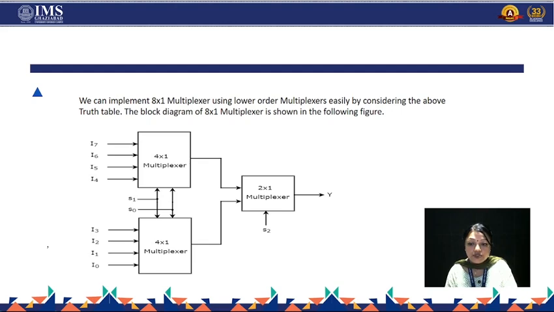The outputs of the 4 into 1 muxes go into the 2 into 1 mux as inputs. The selection lines for the 4 into 1 muxes are S0, S1, and the selection line for the 2 into 1 mux is S2. And finally the output will be Y, and the inputs are I0 to I7. The 4 inputs go to each 4 into 1 mux.